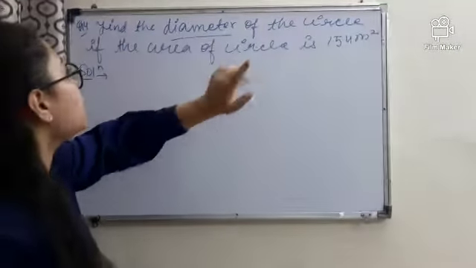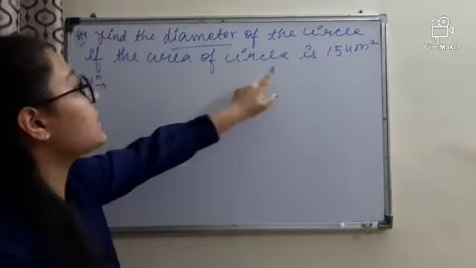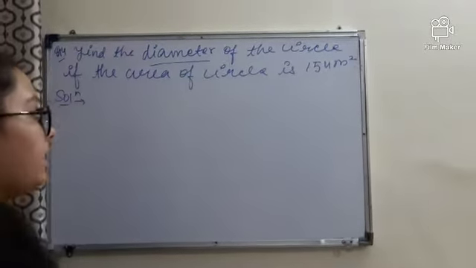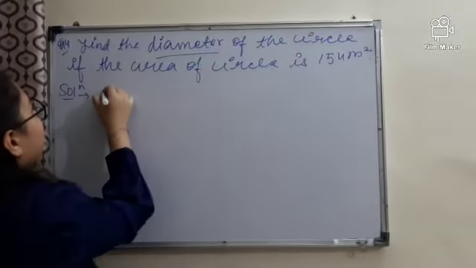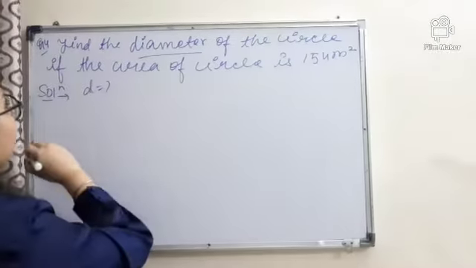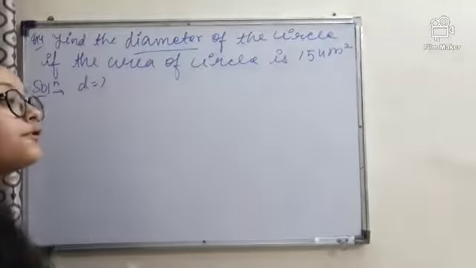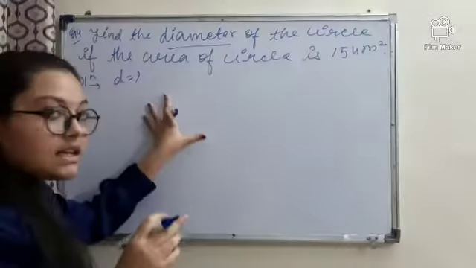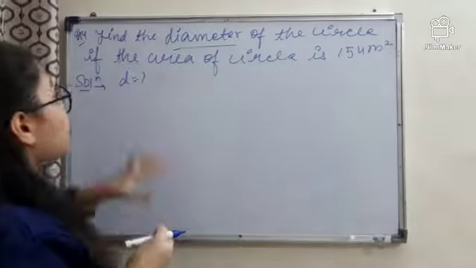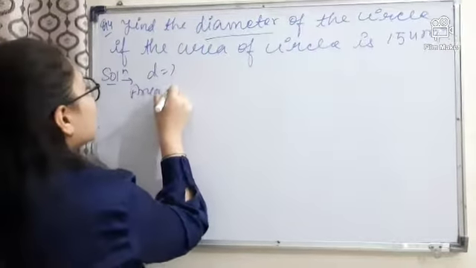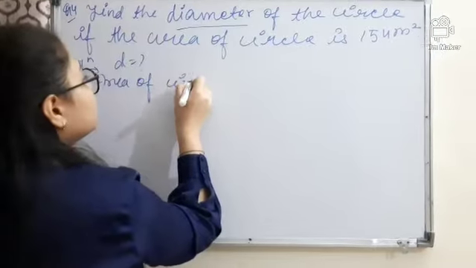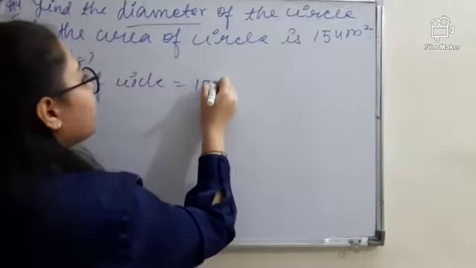Find the diameter of the circle if the area of the circle is 154 meter square. Now we have to find out the diameter. If we want to find the diameter, then first of all we need the radius. So area of circle is equal to 154 meter square.